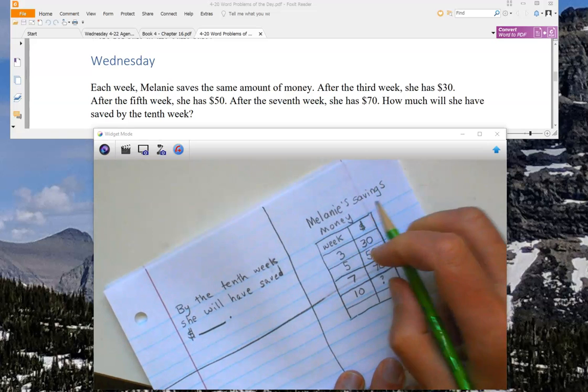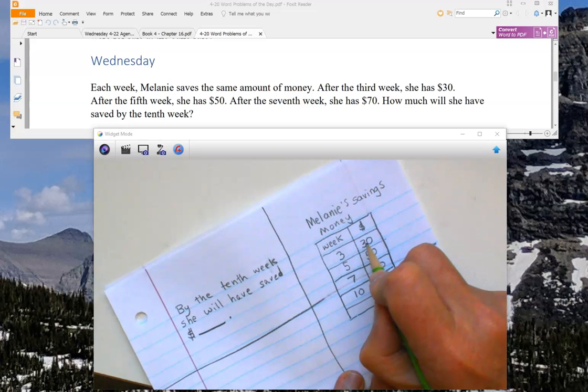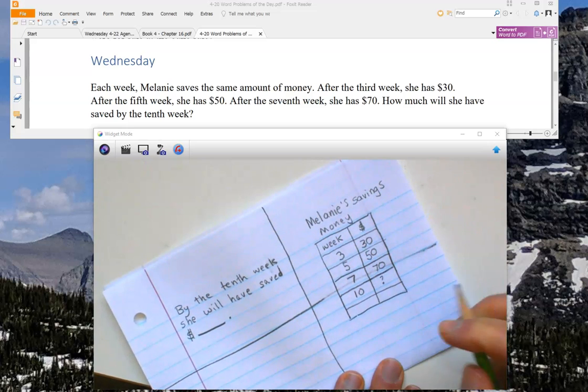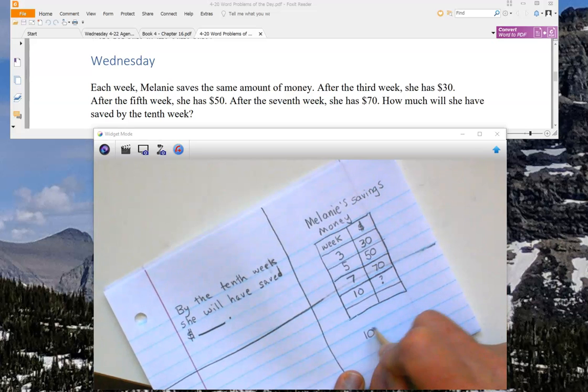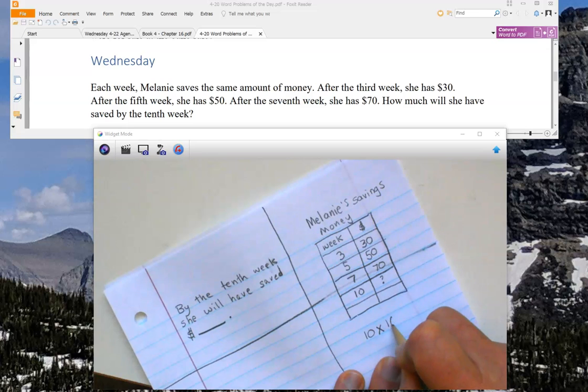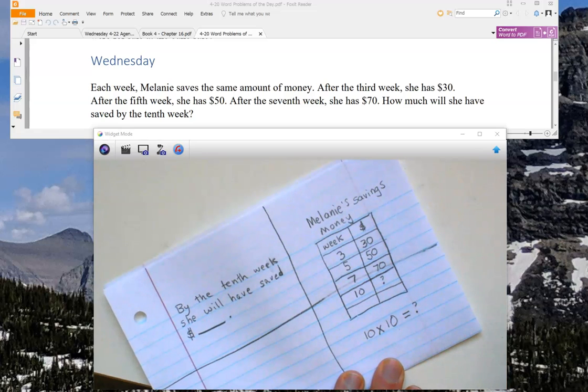You probably guessed this already, but 3 times 10 is 30, 5 times 10 is 50, and 7 times 10 is 70. So I know that 10 times 10 is going to equal our question mark. 10 times 10 will equal the amount of money she saves by the 10th week.